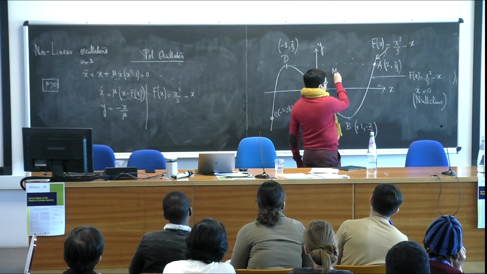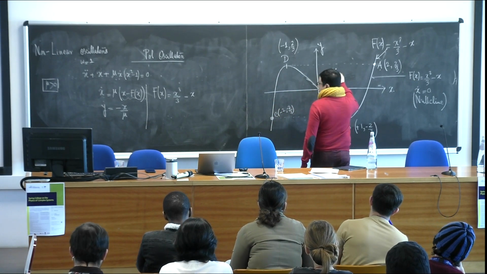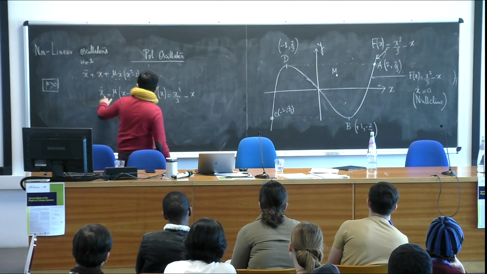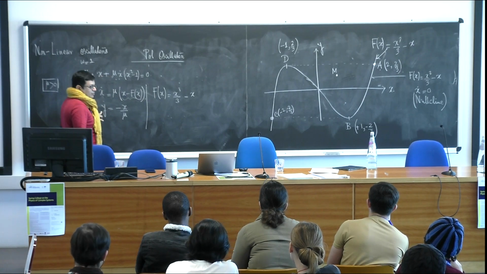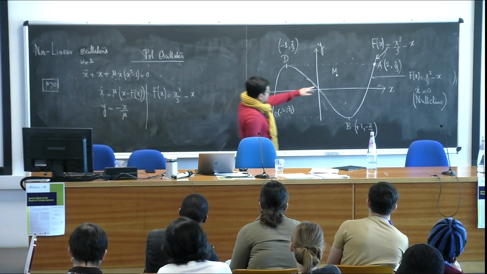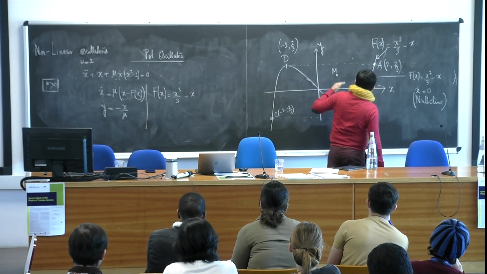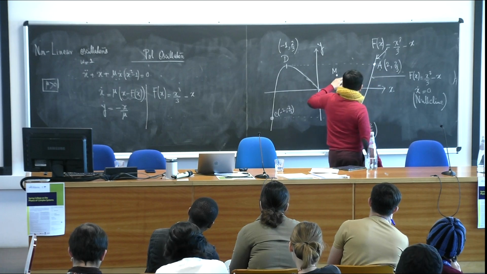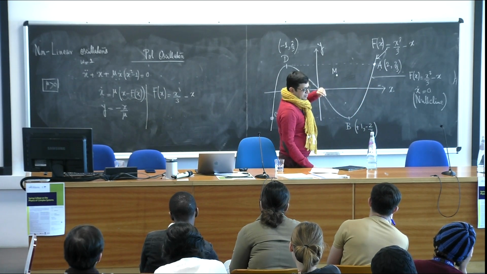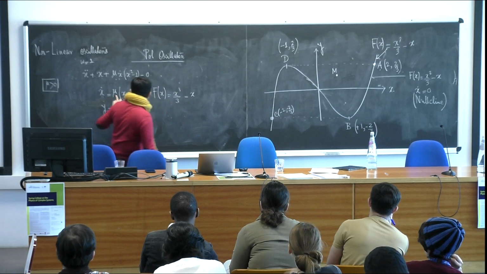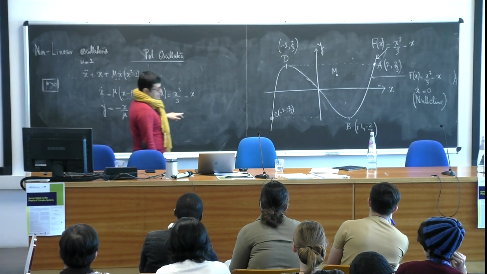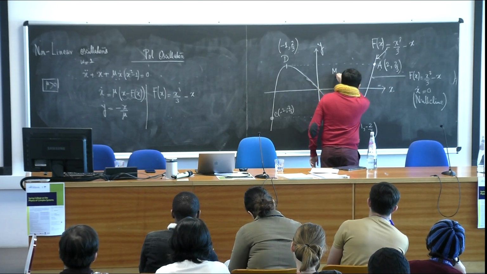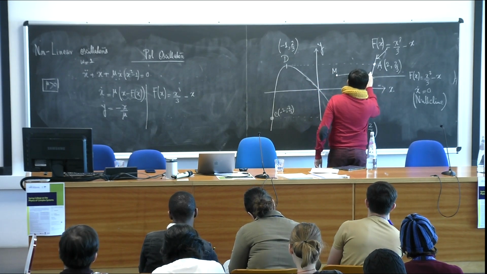Now let's start with this point. You see, it is very far from the null line, so therefore there is a huge, gigantic x dot and a very small y dot. That is going to make this point move almost horizontally, and come very close to the null line. Why? Because x dot is very large, y dot is very small. Because x dot has a factor of mu here, y dot has a factor of 1 over mu here. So if I start from this initial condition, almost in no time it would come this way. Sorry, it doesn't come all the way here.